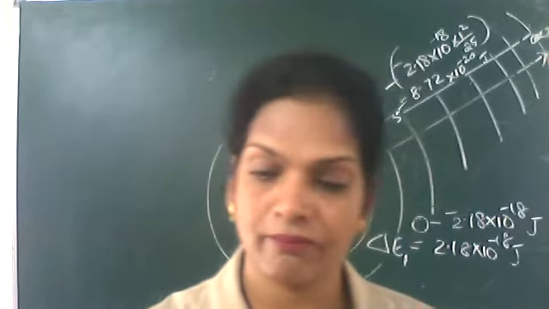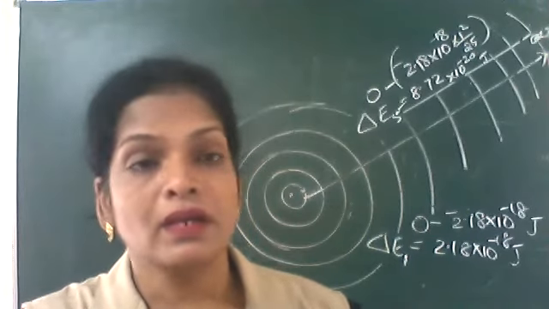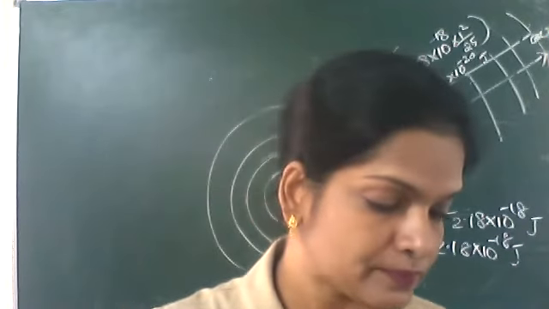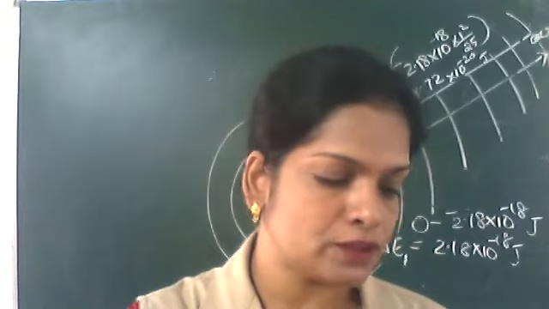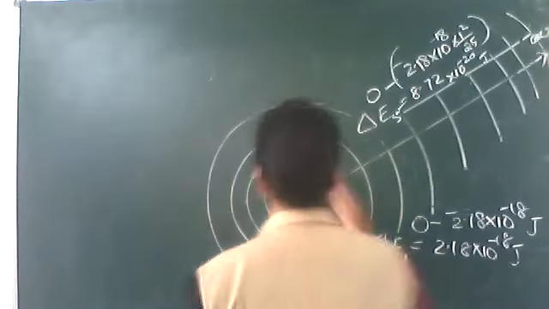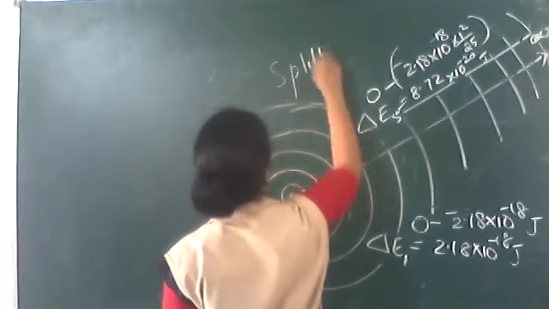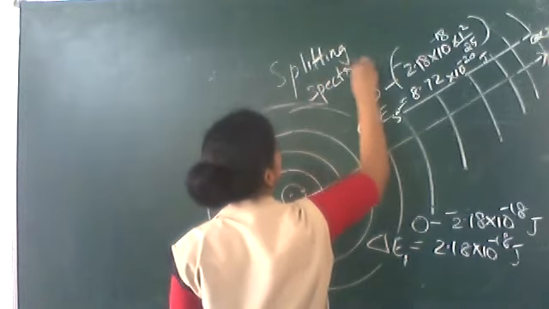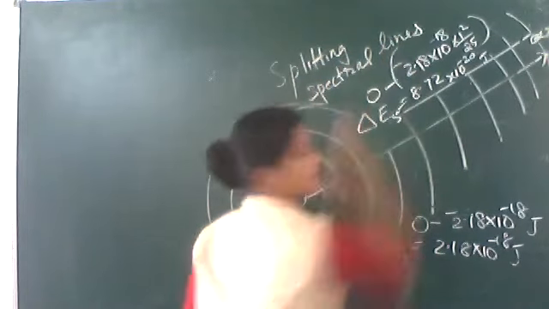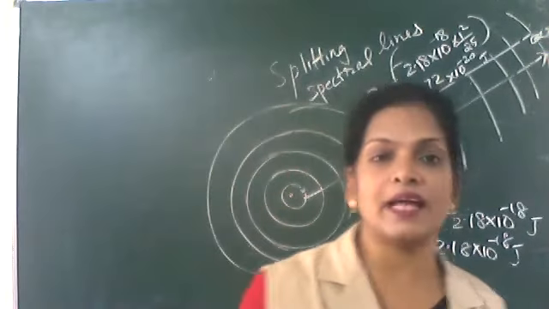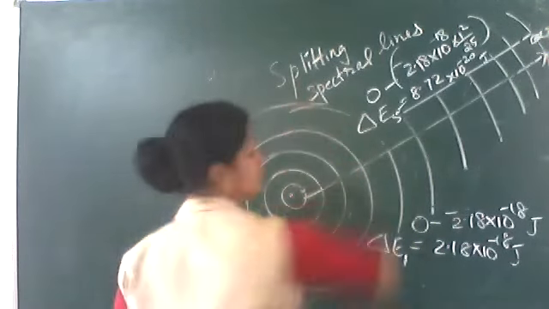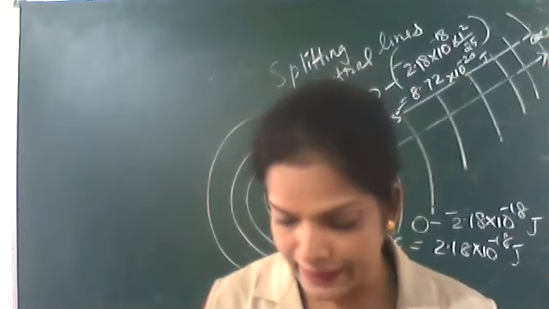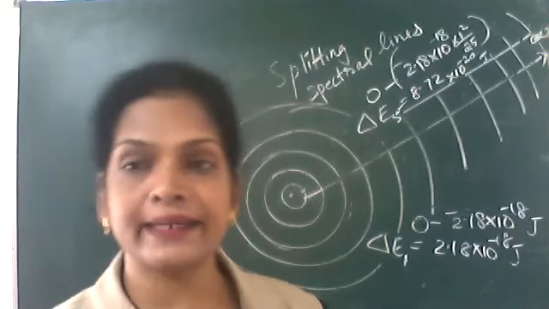Number 3, he was unable to explain splitting of spectral lines in magnetic fields.